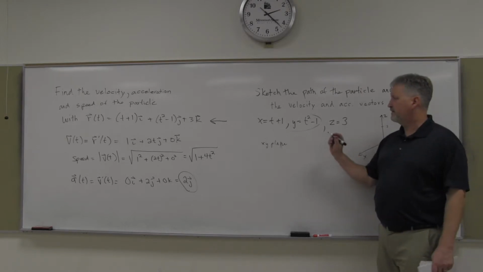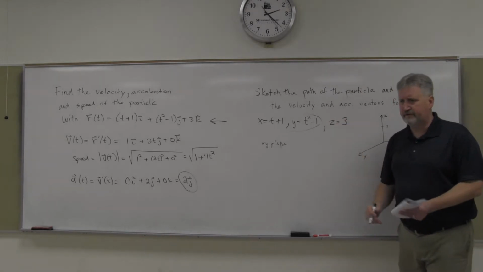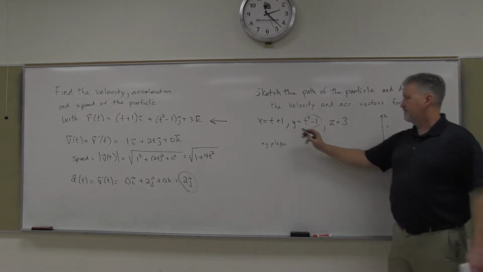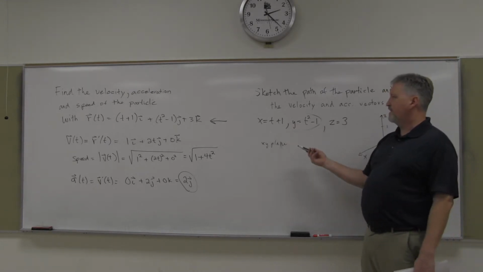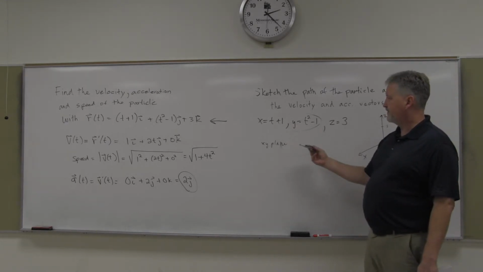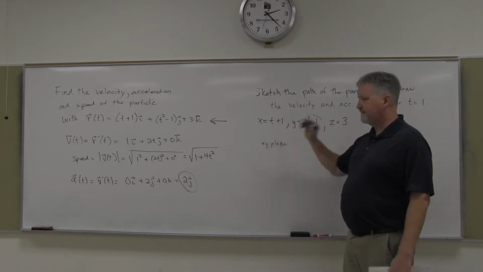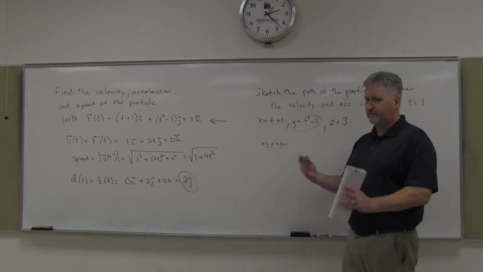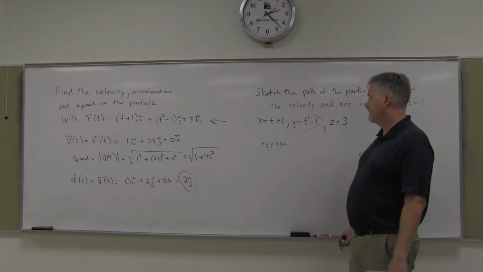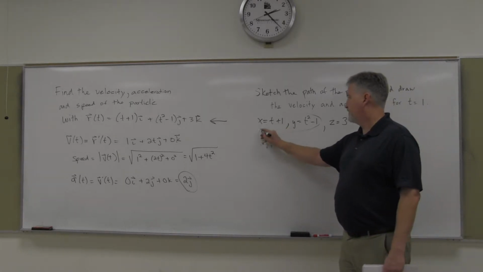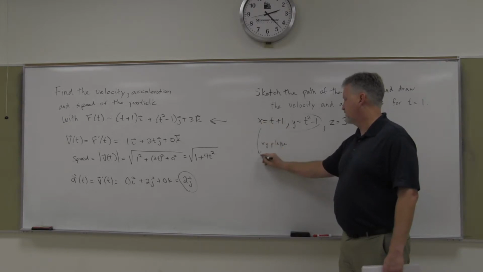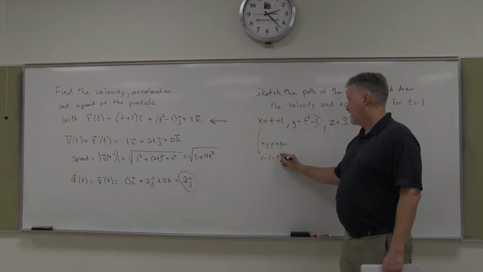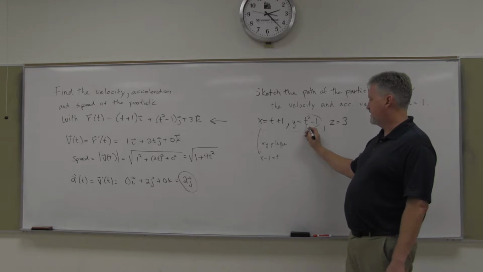You can grab those on your calculator, but probably the easiest way to think about it is to get it in the Cartesian, the XY Cartesian equation form. x minus 1 would be t, so I could plug that in for t here.